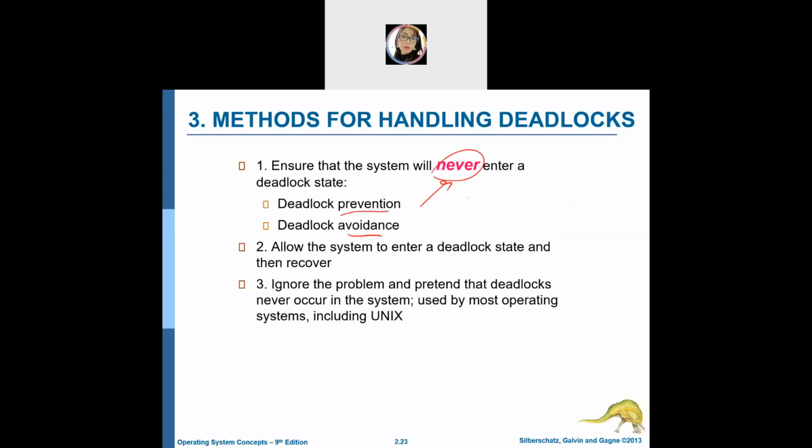Well, there is another method for us to handle it. Let's say you accidentally go into the deadlock state. Then after deadlock, how are you going to recover? Similarly, suppose people already said to you, don't go to KL. If you go to KL today at 10 a.m., you are going to be stuck in a traffic jam.